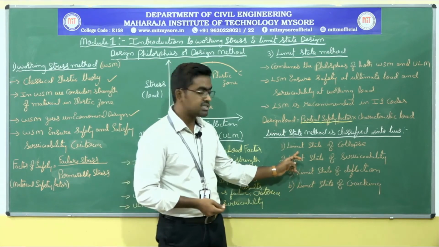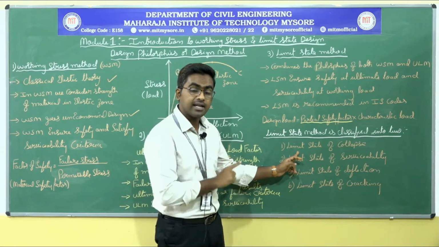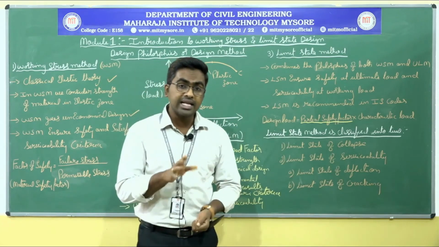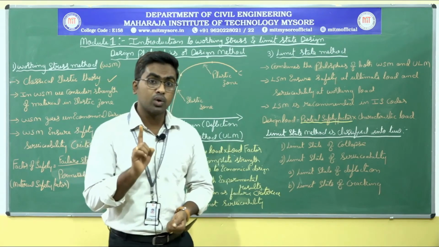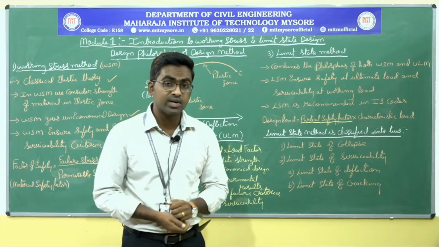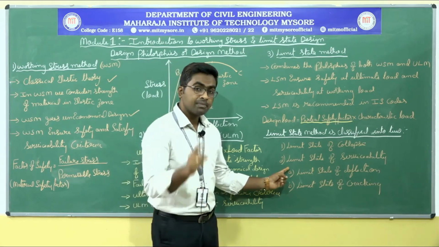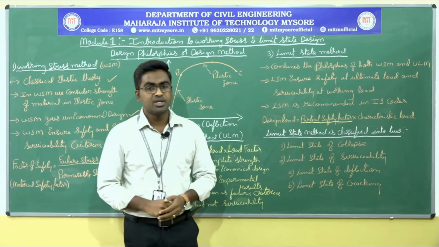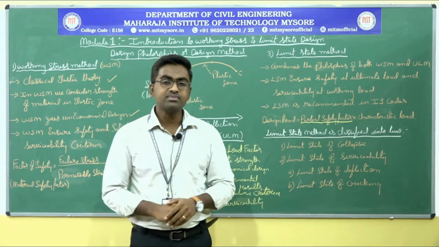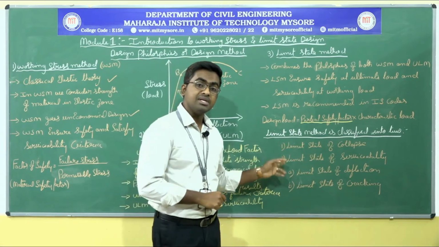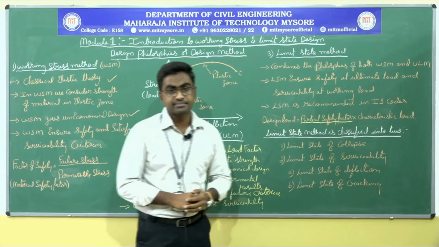That is the first one, limit state of collapse. If you design any structural component using the limit state method, it will also not undergo excessive deflection and excessive cracking. That is the serviceability criteria. The second one is limit state of serviceability. So these are the two limit states: limit state of collapse and limit state of serviceability.